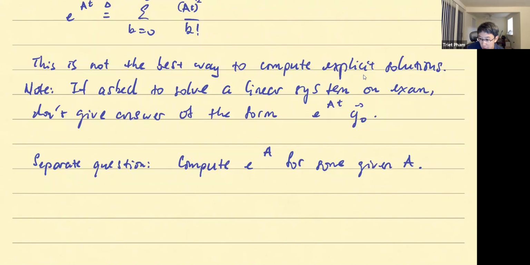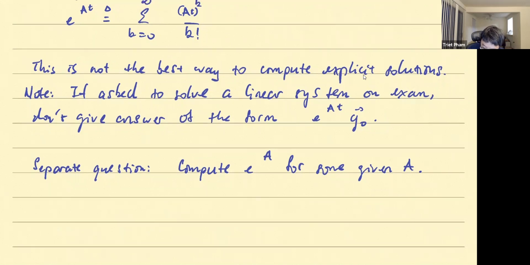To round things out, there are several things I want to tell you, tying up loose ends. Let me tell you how to compute this to begin with. If I ask you to compute e to A, what do you need to do?